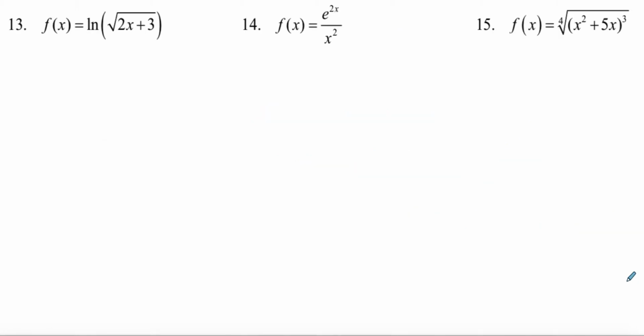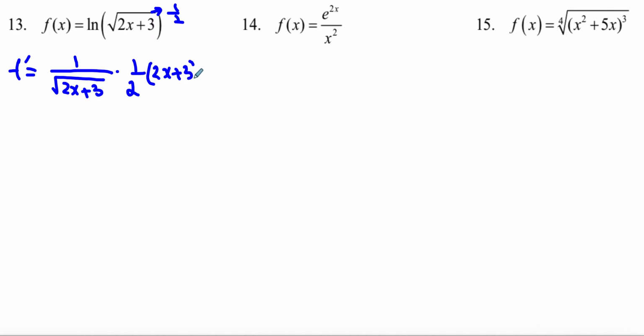All right, let's look at the next question, number 13. Same deal, the outer layer is ln, so I'm going to do 1 over the square root of 2x plus 3. Now, the derivative of the square root of 2x plus 3: this one works like a 1/2 as an exponent, so I'm going to bring 1/2 down, and then 2x plus 3 to the negative 1/2 power, because 1/2 minus 1 becomes negative 1/2.